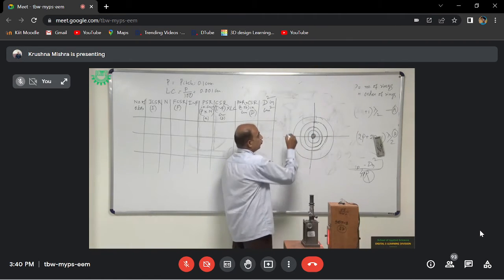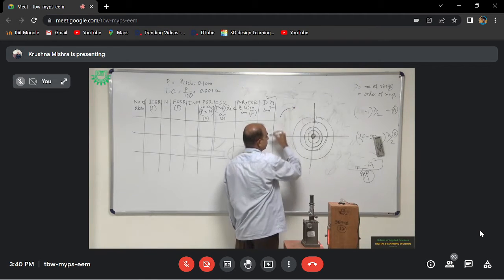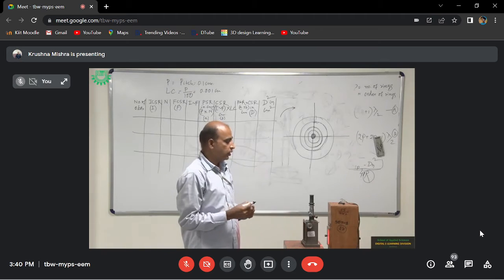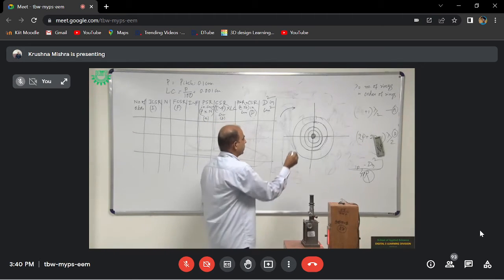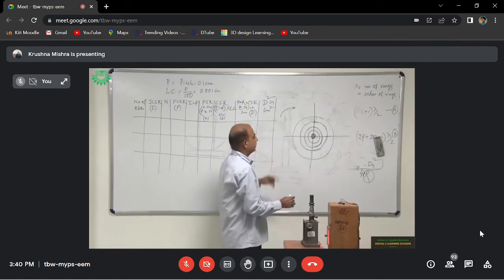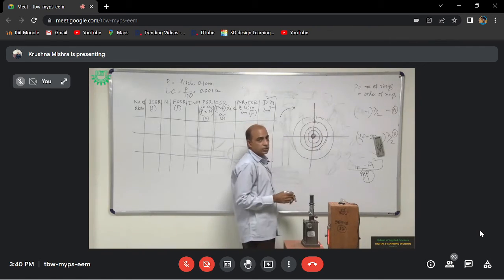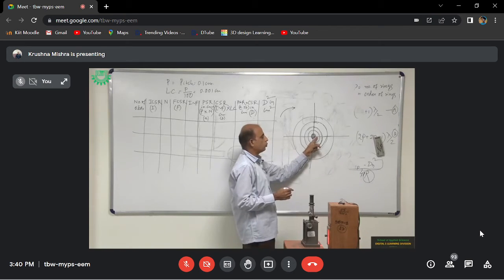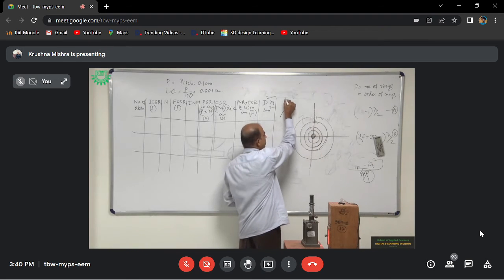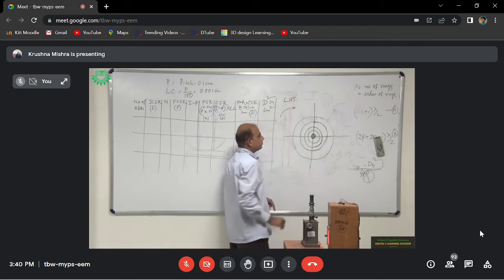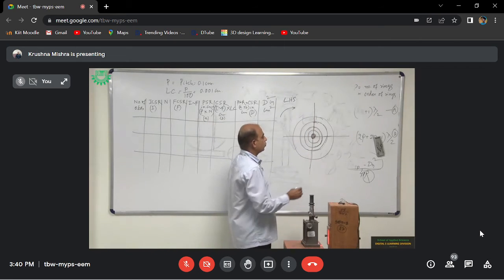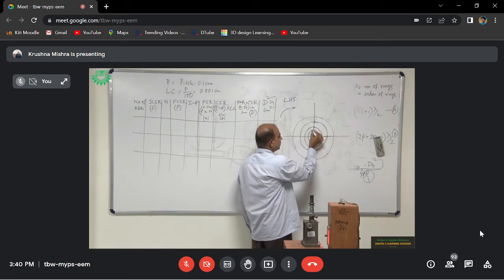Then we have to rotate the circular scale, this micrometer screw, in clockwise direction. When I rotate this, this vertical line will move towards the left hand side. The horizontal line stays as it is; there is no change in its position, only the vertical line shifts to the left. So let us take this vertical line to any one of the rings from the center.